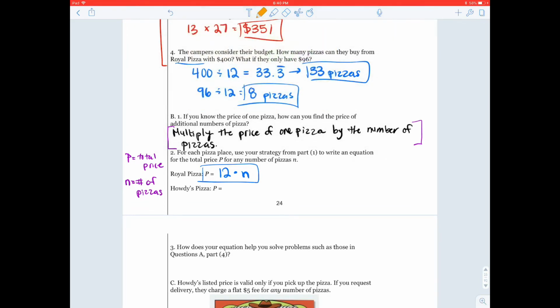Before we move on, I would like to label the parts of this equation. N represents the number of pizzas. 12 represents the price of one pizza.